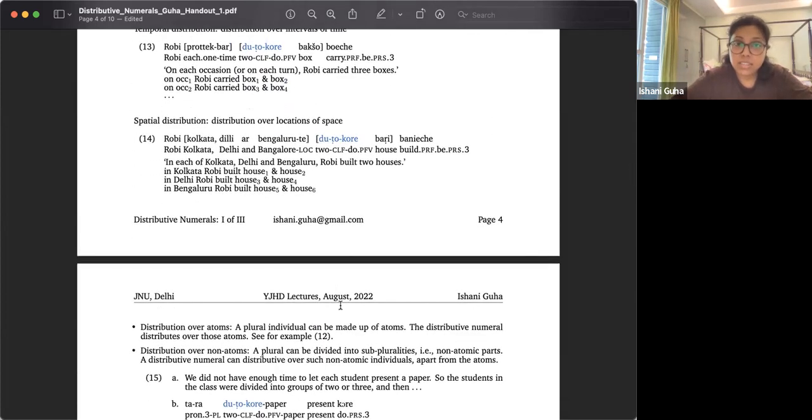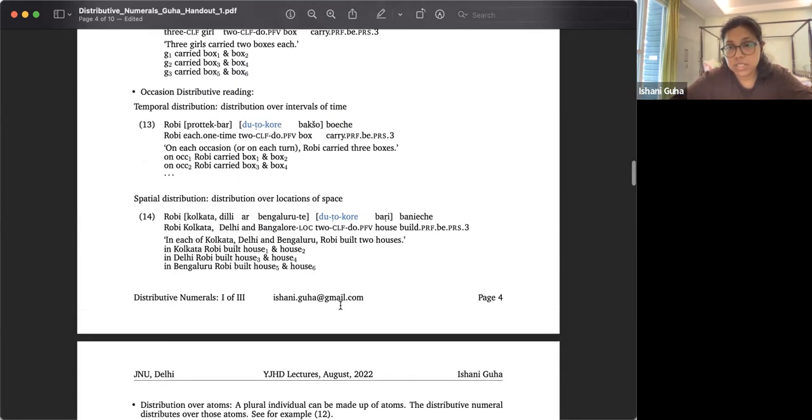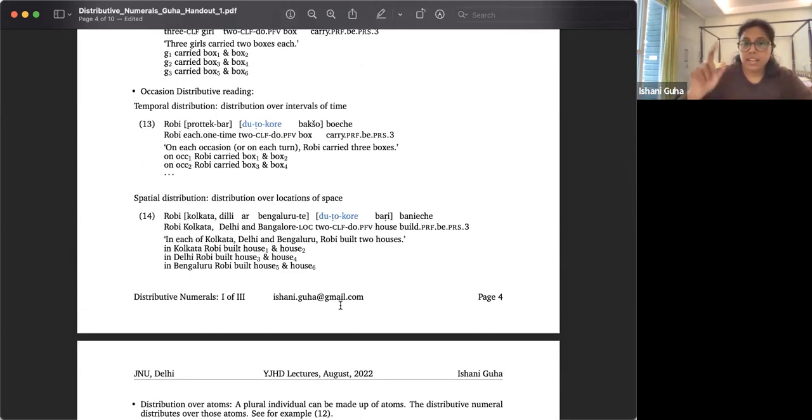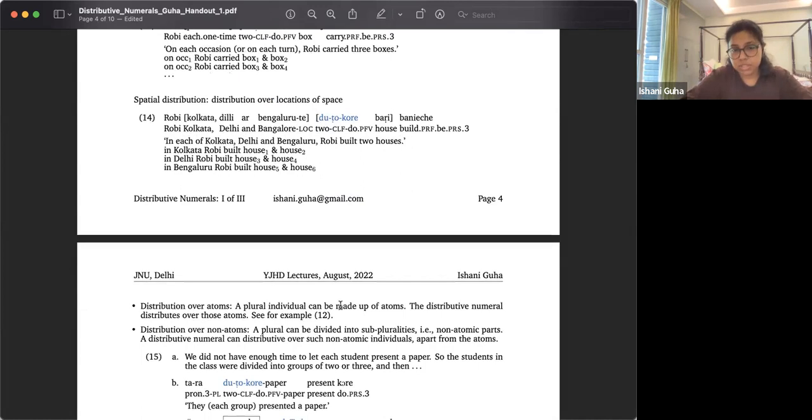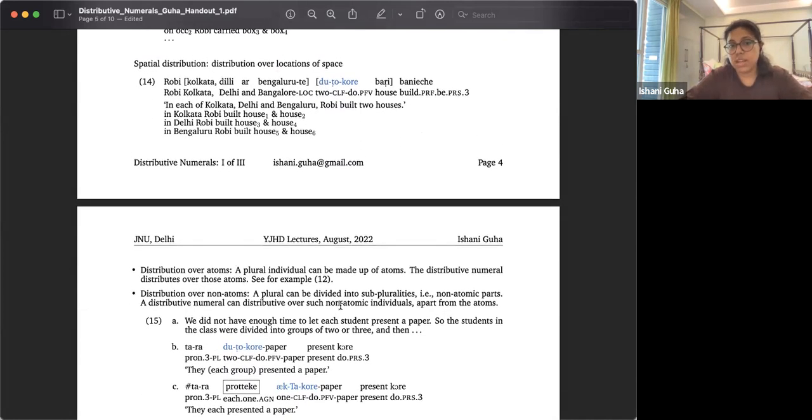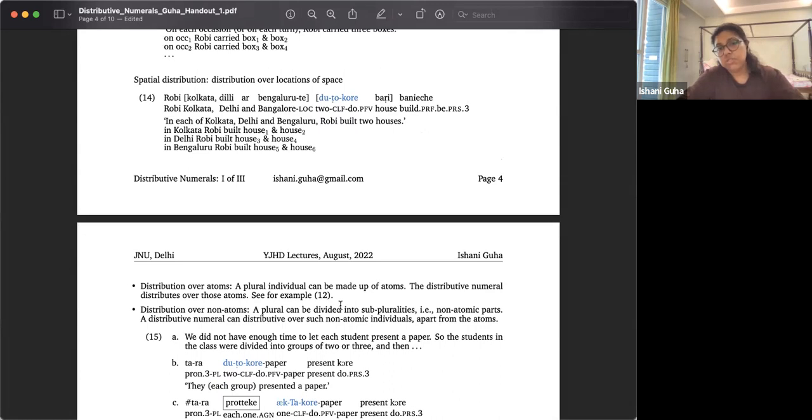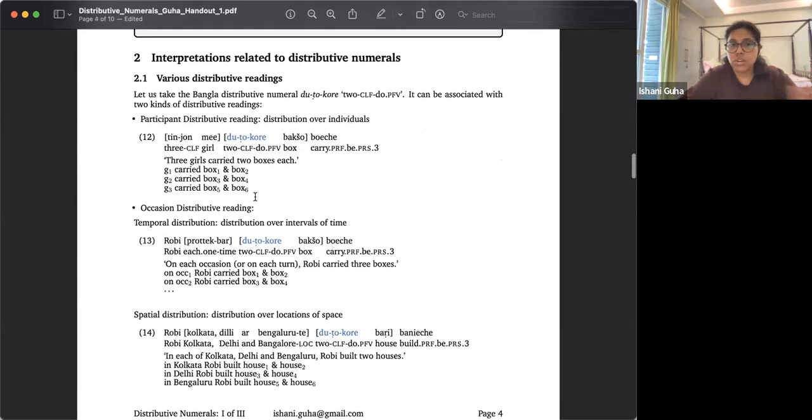There are several other kinds of distributive readings, however. I'll point out one very important distinction, which is distribution over atoms or distribution over non-atoms. Distribution over atoms is what we saw in 12. So, three girls carried two boxes each.